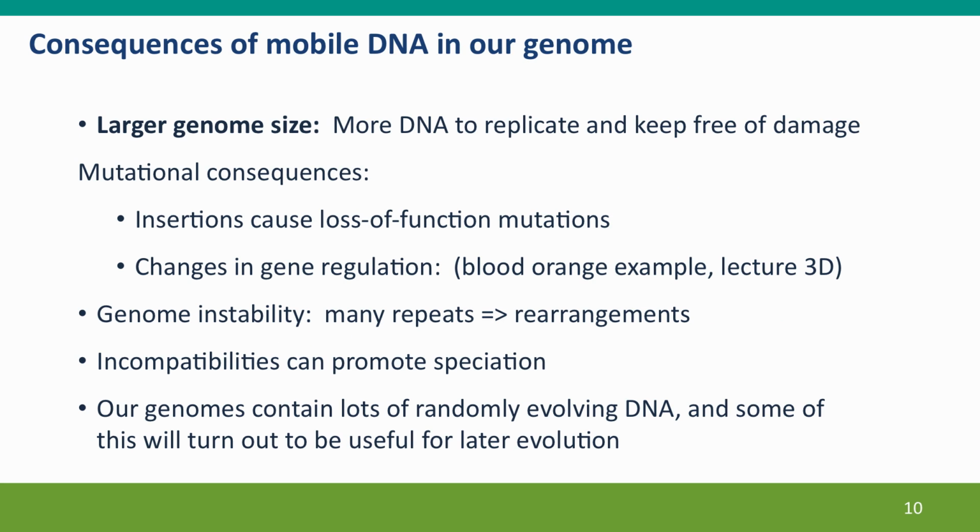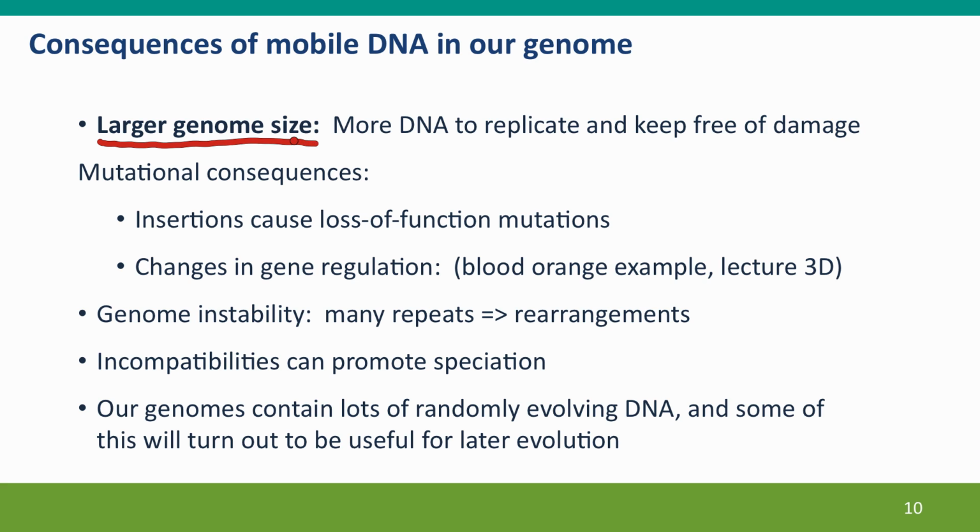What are the consequences of all this DNA for the functioning of our genome? Well, the first consequence is that, as we saw in the graph, our genome is way bigger than it would otherwise be, at least 20, 30 times bigger than needed just to code for our genes. And this is not just more DNA that has to be replicated, more nucleotides that are needed, and more DNA replication machinery.